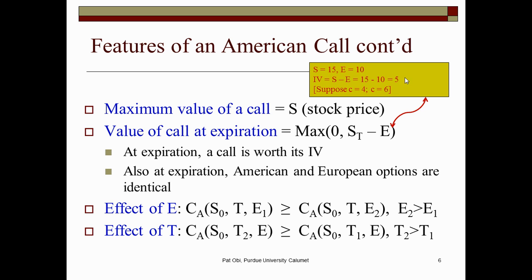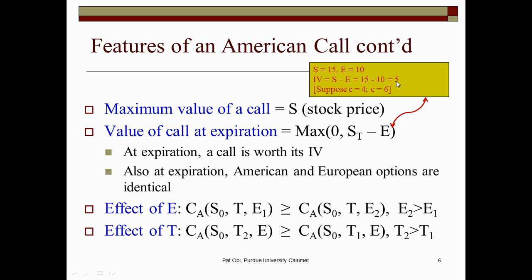So by the person exercising it, you, the option writer, would lose $5 because it is the intrinsic value. But the $5 you lose, net of the 6 you received from selling the option a quick second ago, leaves you with an arbitrage gain of $1. And so either way, at expiration you will find that rational investors wouldn't want to price an option for more than its intrinsic value.